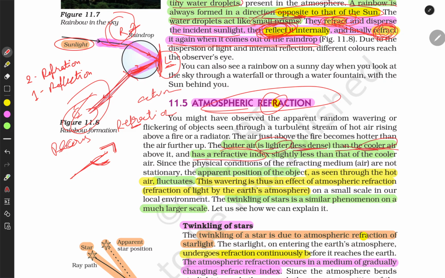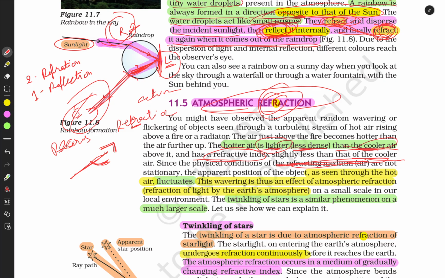So these both have slightly different refractive indices, and lighter air has a slightly lower refractive index than the cooler air. By these contrasting refractive mediums, light shows the phenomenon of refraction. It refracts because the medium has changed.